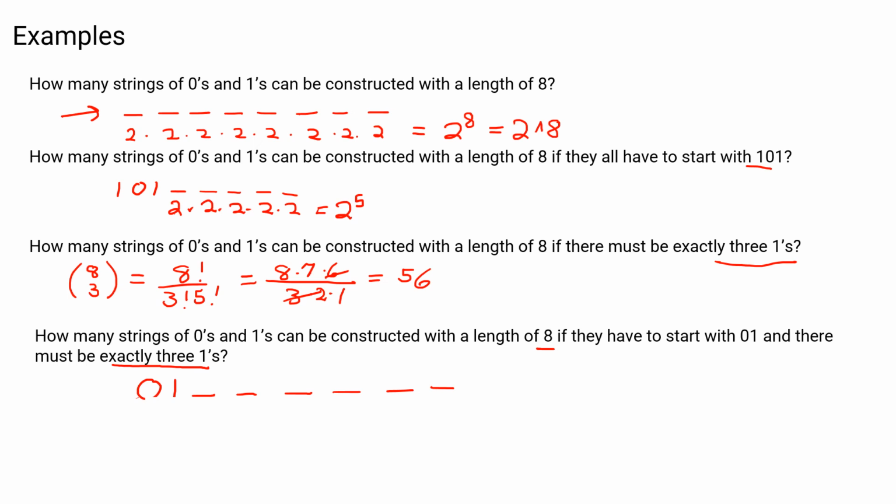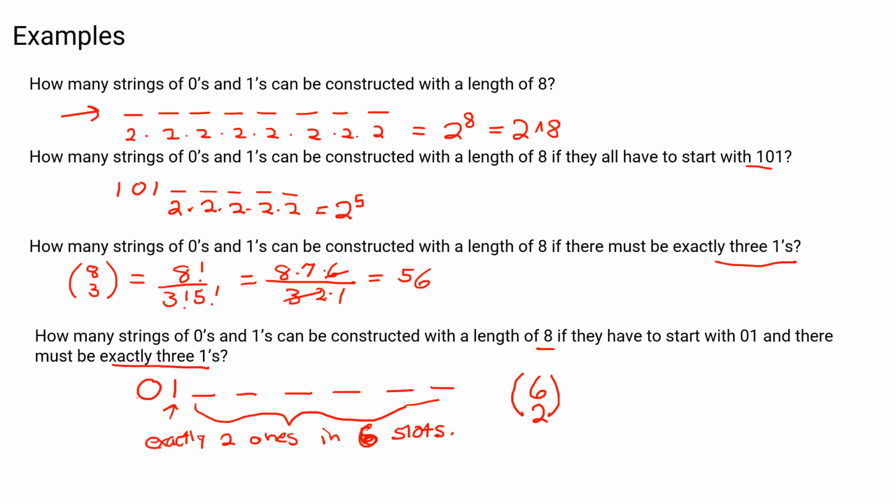So since there are 6 slots open, what do we need? We need 2 ones inside those 6 slots because we've already used up one of our ones. The first one was already there. So we're not going to say it's 8 choose 3, because now only 2 need to be in the remaining slots. So it would be 8 choose 2. Oh, sorry, not 8. I'm sorry.